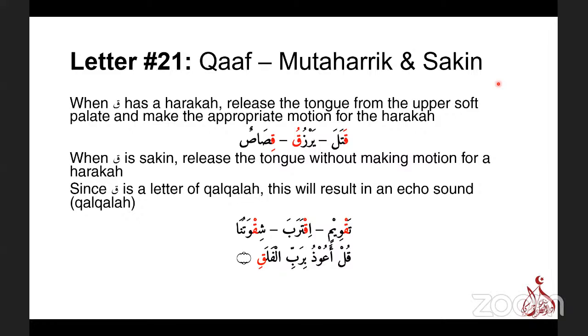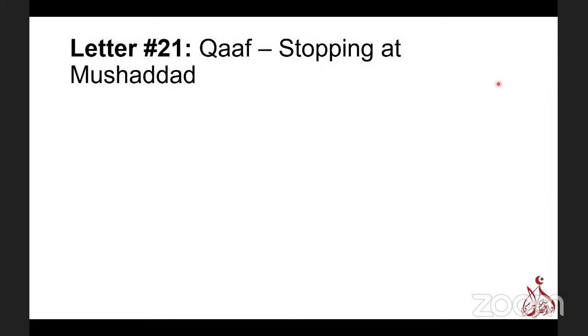Now, one issue I wanted to get into because it comes over and over, and in today's recitation it came three to four times, is when Qaaf has a shadda and you are stopping on it.